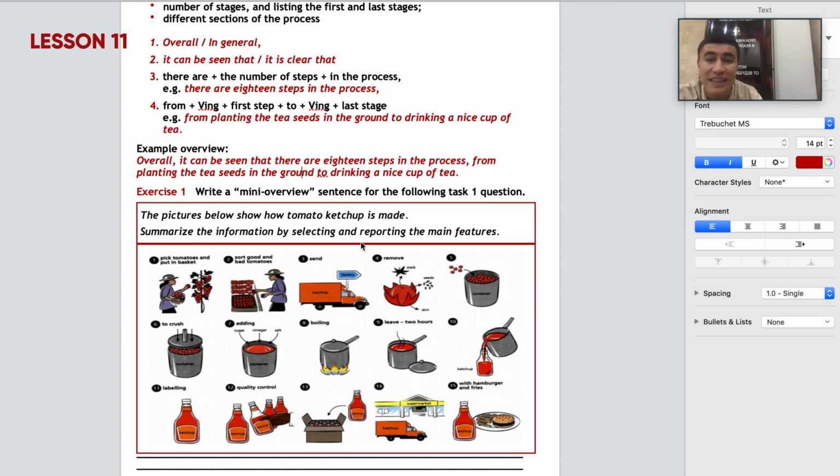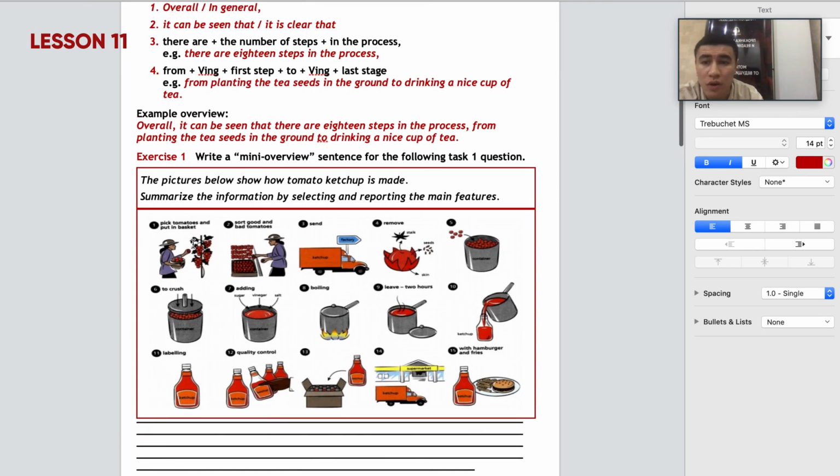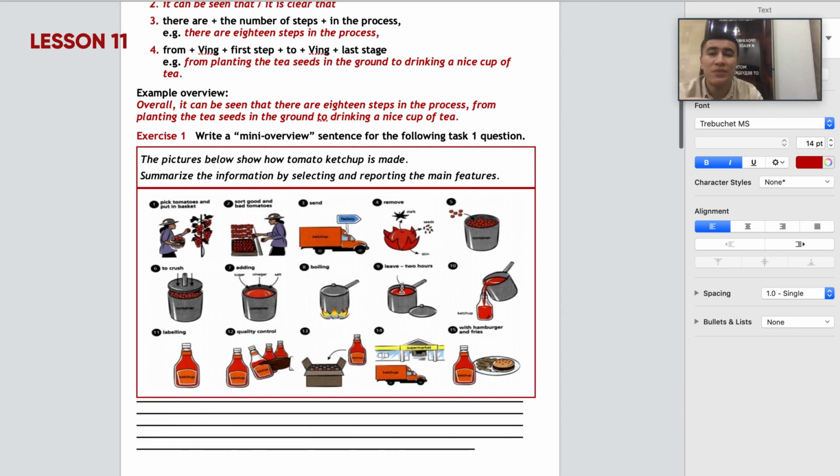Summarize the information by selecting and reporting the main features. So, first step here is pick tomatoes and put in basket. Then sort good and bad tomatoes, sand them, remove. So each step is given to you. Let's write an overview together, but before I write it, I do recommend you to pause the video and try it on your own.